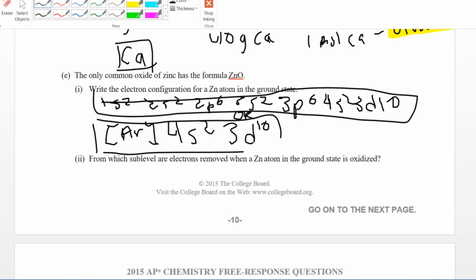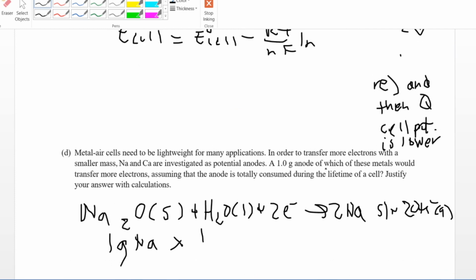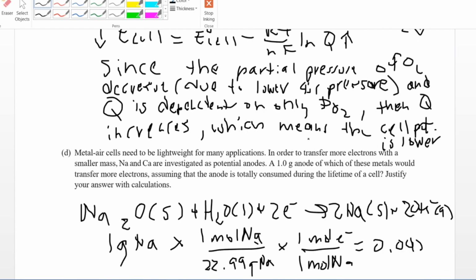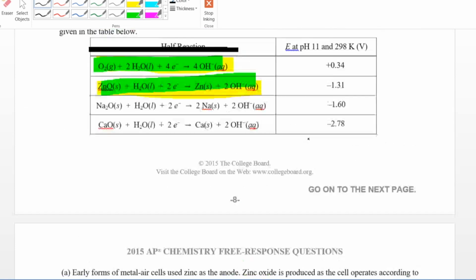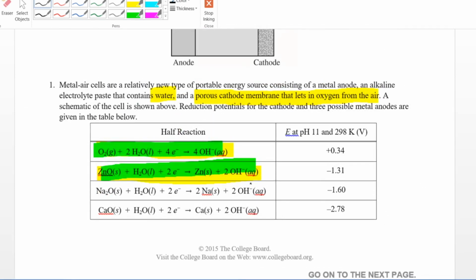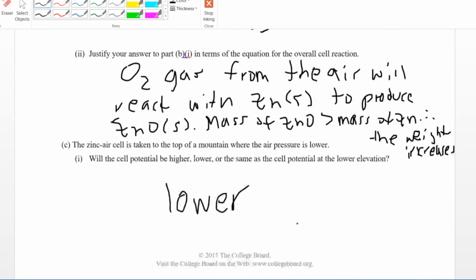And the last question: from which sublevel are electrons removed when a zinc atom in the ground state is oxidized? I would like to refer back to the table above. Oxidation means that we are losing electrons. Think of this equation, flip it around, you're losing 2 electrons in this oxidation.